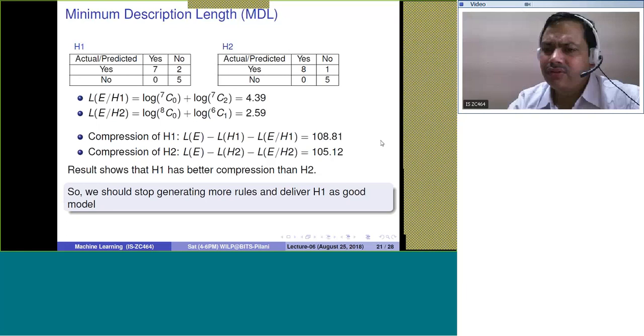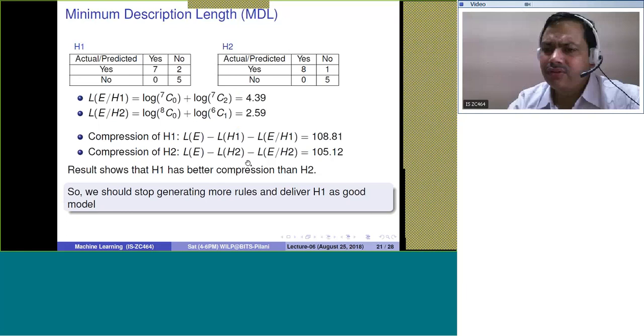Now I have the question: how do we say H1 has better compression? You see how much compression you can do, because you have to represent these things I have written over there. You need some bits to encode the exceptions, you need some bits to encode the hypothesis, and their summation is higher for H2.